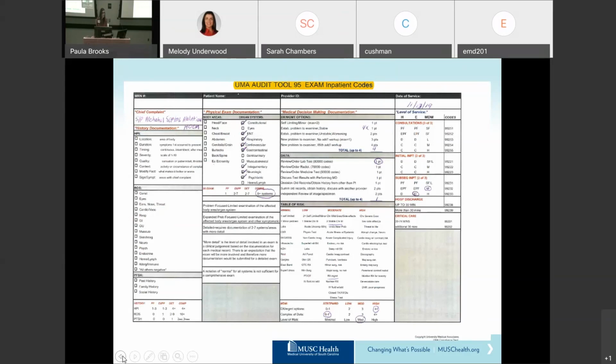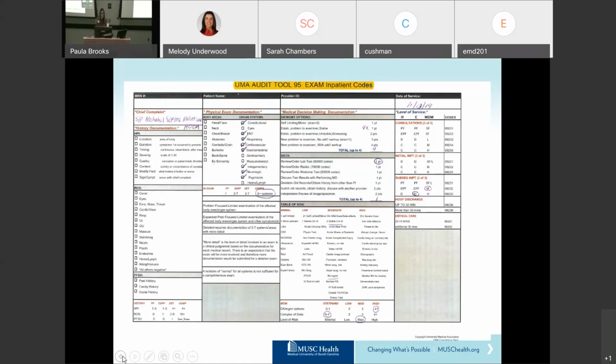You're not going to find that each day in the hospital stay a provider does a review of systems all over again, past, family, social, medical history all over again. It's not relevant. So I just moved on to the exam section, and we counted those elements, and we had an 8 organ system exam.